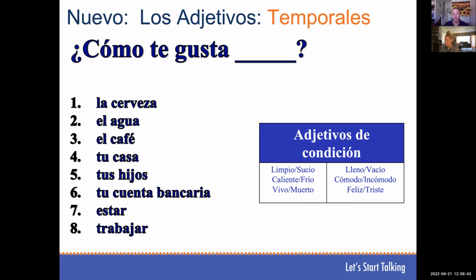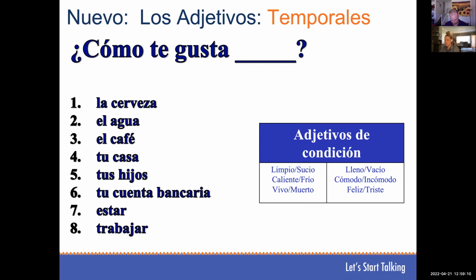Agua is actually feminine. We're using el agua to break the double A. So it would be el agua, but it is feminine. So you'd say fría. So fría still. Okay. Yeah. So me gusta el café caliente. Muy bien.